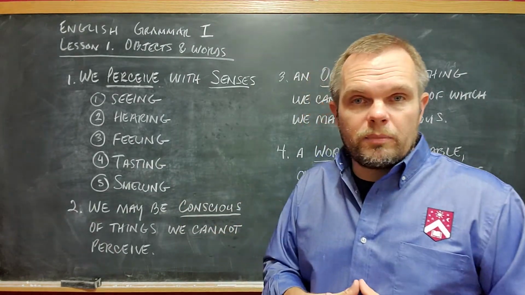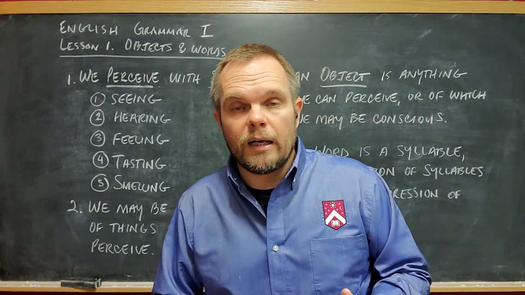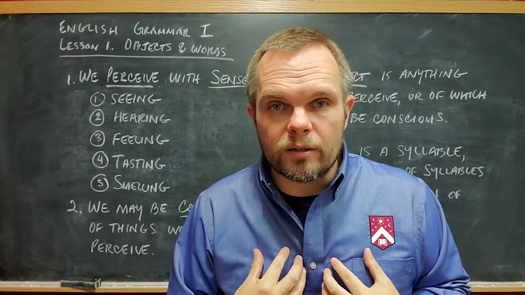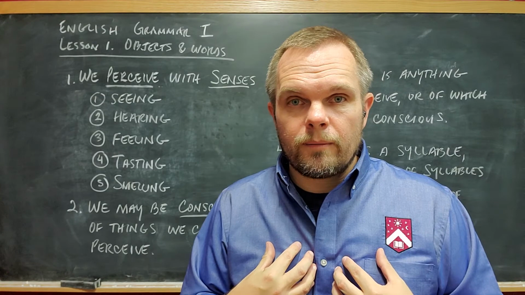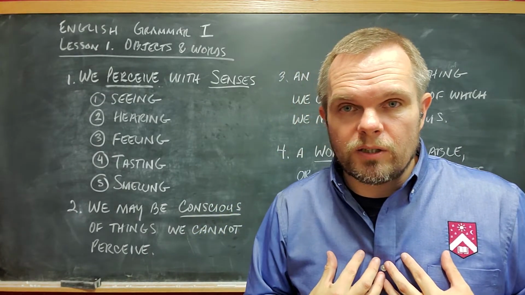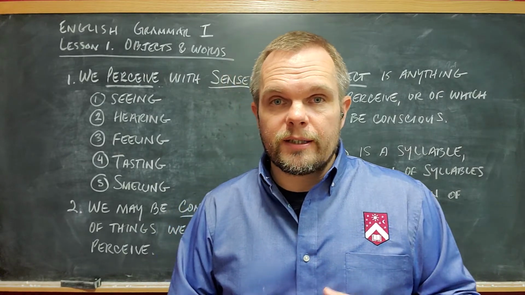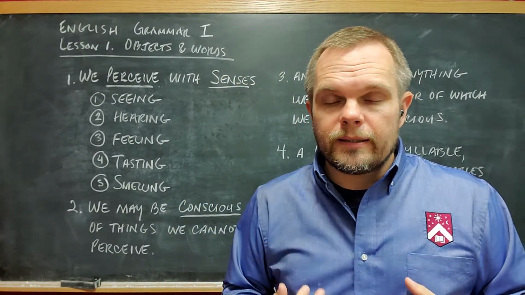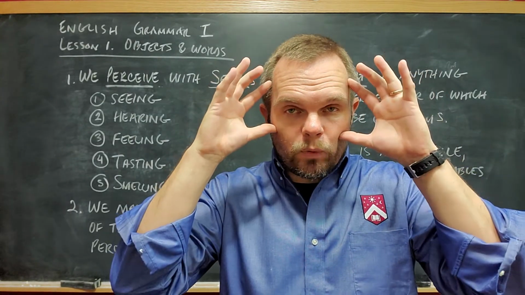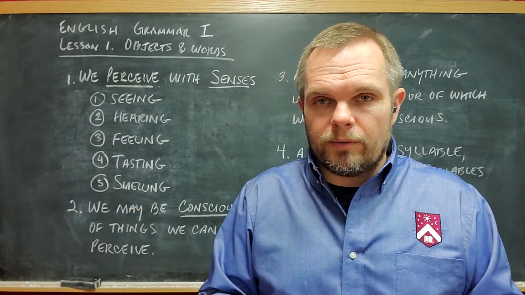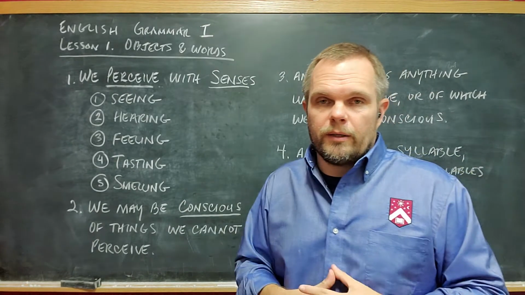Another thing that we can be conscious of and not perceive is an idea that someone shares with us. If someone takes a vacation and they see a beautiful mountain, they can tell us about the mountain and we can be conscious of the mountain, but we cannot see the mountain. We cannot perceive the mountain.